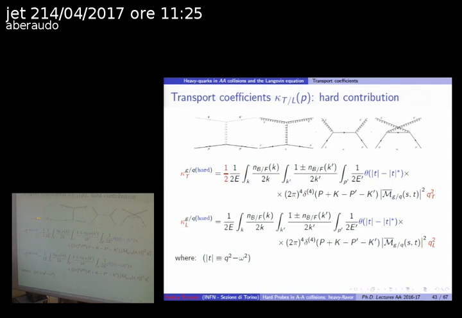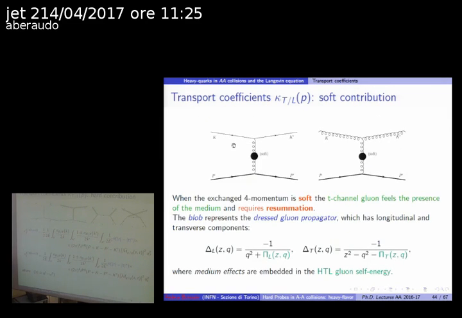Hard collisions come from these pQCD processes. You evaluate the interaction rate of your heavy quark due to these scatterings, and you weight this interaction rate with the squared momentum exchange in these processes.